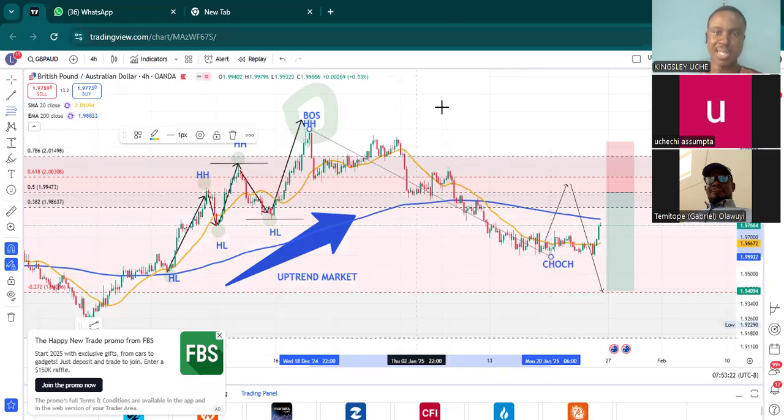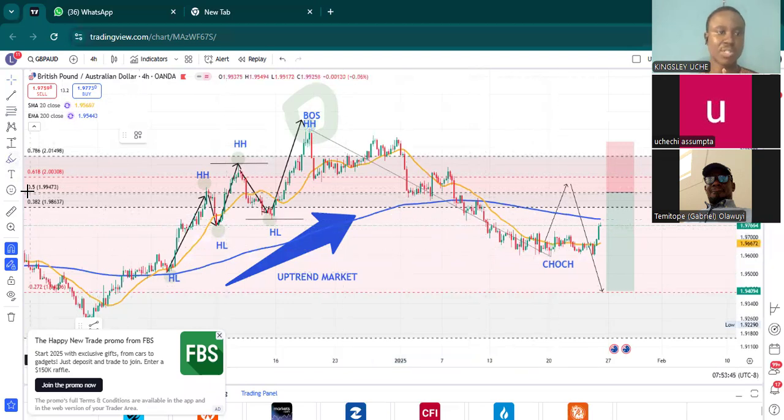You click again, and now on the left-hand side we have 0.786, 0.618, 0.5, 0.382. If you remember, anytime we have the break of structure and the change of character formed, we need to see price come towards the 0.5 and the 0.618 area, this zone.